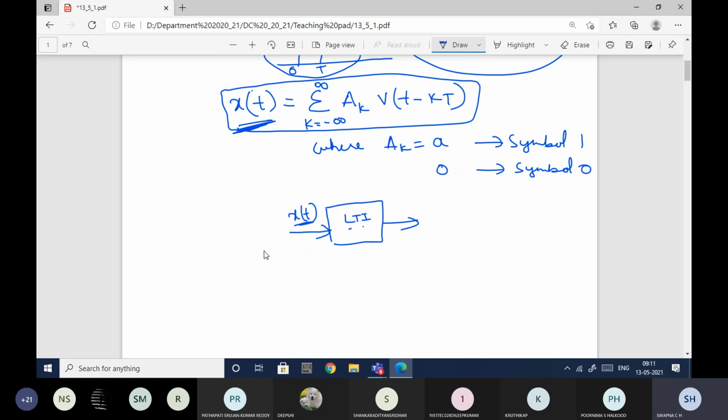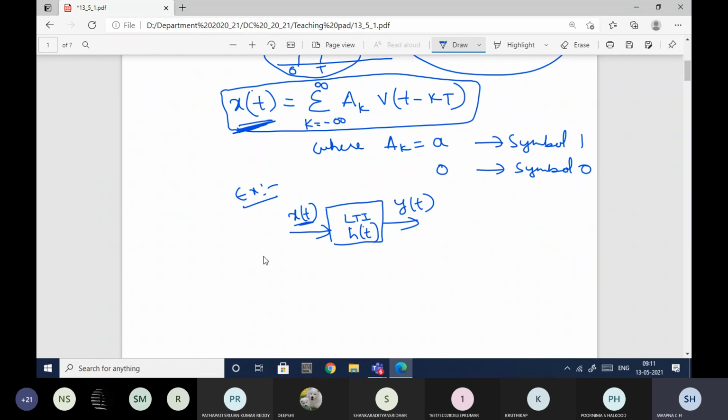So x of t is some signal, and this I'll denote with y of t. This is just an example I'm taking, where x of t is the input signal, y of t is the output signal, and h of t is the system function.